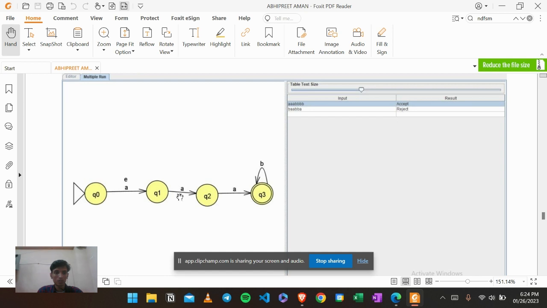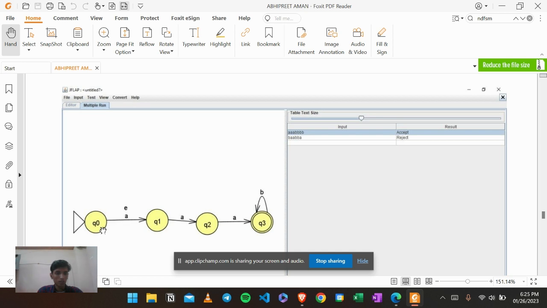So here is the transition diagram. We can see that Q naught is the start state, and on putting input epsilon or A on Q naught, it will go over to Q1, and on putting A it will go over to Q2, and again putting A on Q2 will go over to the final state Q3. Again on Q3, if we put multiple inputs of B, it will remain at the same last state.